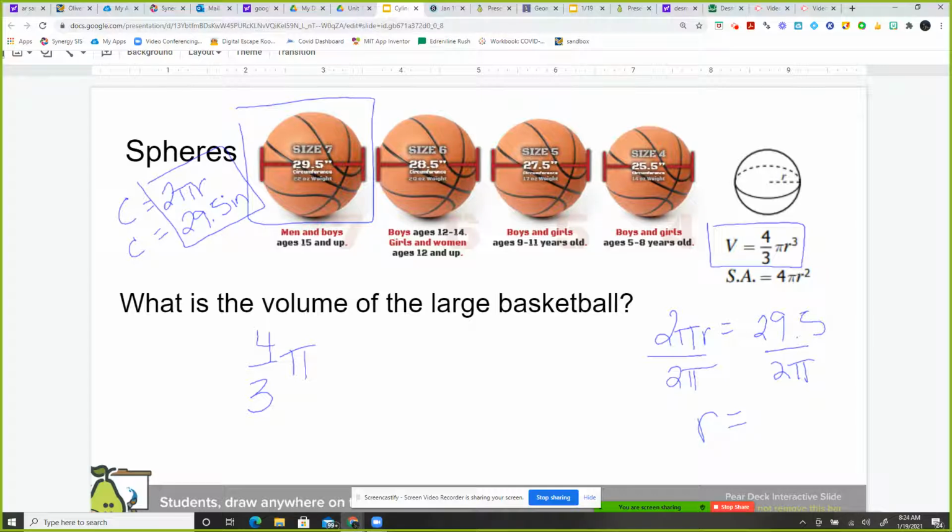I feel like I did something weird. Oh, I did. I multiplied, not divided. 14.75 when you divide by 2, and then also divide by pi. So we're going to put this whole thing in the calculator. 29.5 divided by 2 gives me 14.75. And then 14.75 divided by pi gives me 4.7 if I round.